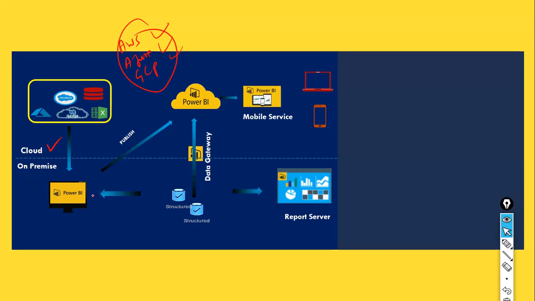So the desktop client is completely free, absolutely free. You don't have to pay even a single penny. Using Power BI Desktop, you can bring in data from different source systems.